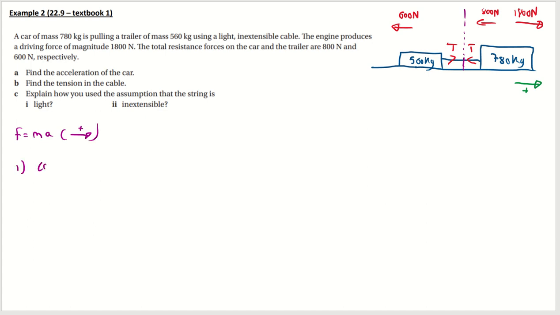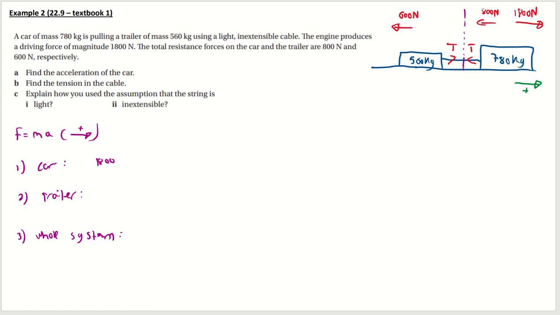Firstly, the car, secondly, the trailer, and thirdly, the whole system. I think it's important, especially when you start doing these, to consider all three different possibilities. Then maybe when you do questions, you'll know which one you want to pick out without doing all three.